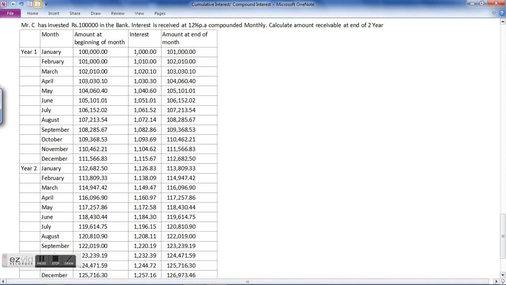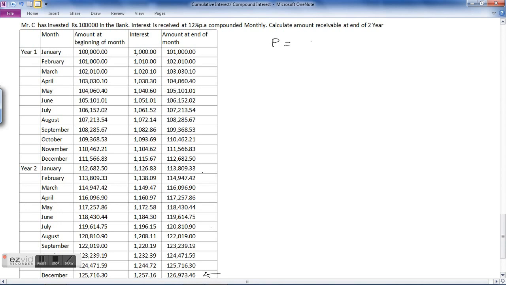Then amount at the end of the month is 1 lakh 1000. Then again in February the interest will be calculated on 1 lakh 1000, that comes to 1010, and so on. The calculations are made and the amount that will be received at the end of 2 years will be 126,973. Now we will see the formula.